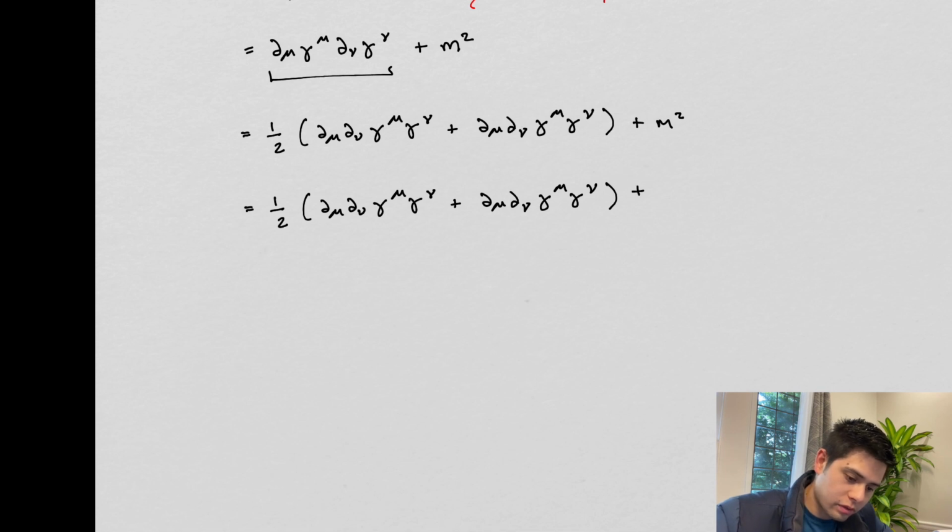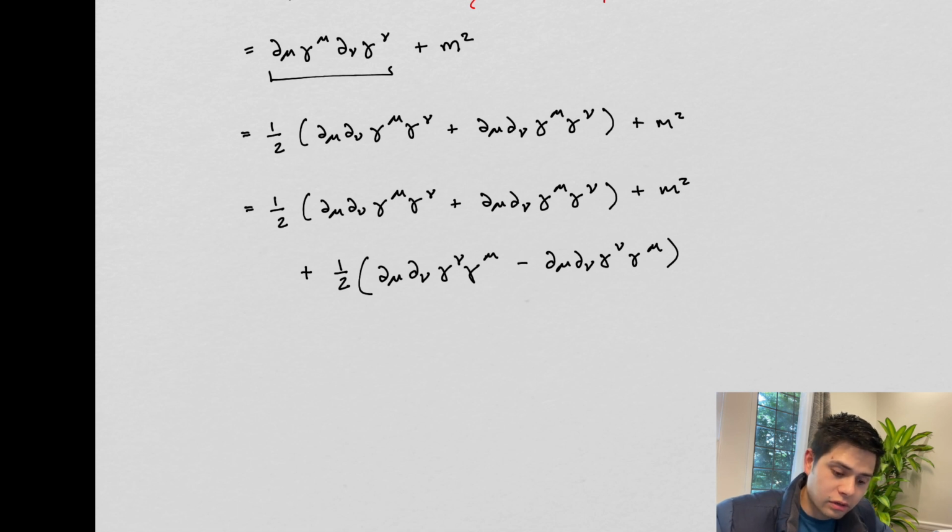Actually, I'll just keep the m squared, because I want to add plus 1/2 d_mu d_nu gamma^nu gamma^mu minus 1/2 d_mu d_nu gamma^nu gamma^mu.